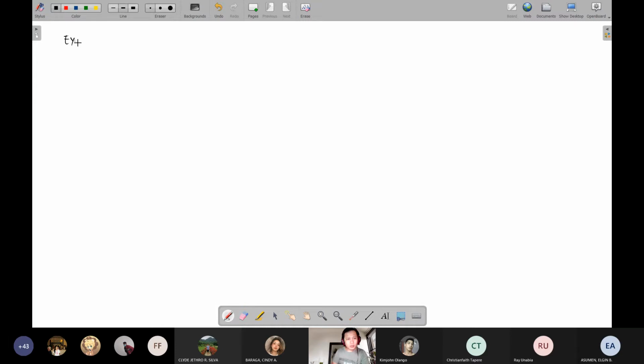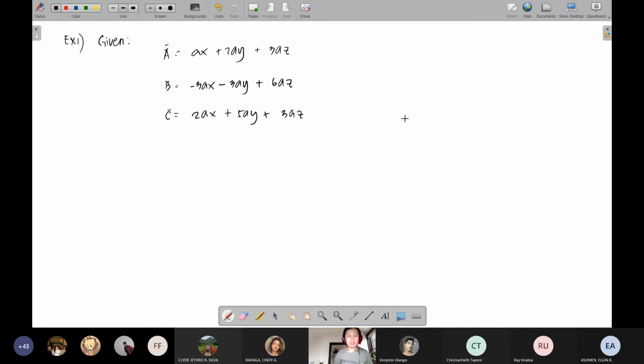Okay, example 1. Kausahon ako ha. Given, say vector A, let's say AX plus 2AY plus 3AZ. Then you have vector B. Let's say you have negative 3AX minus 3AY plus 6AZ. And lastly, you have vector C, 2AX plus 5AY plus 3AZ.